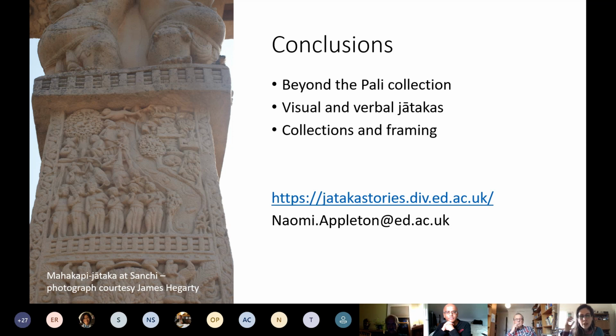And then the current project, the database, is still growing. It's very much a live project. And I mentioned this volume I'm editing, from this wonderful symposium I had almost exactly a year ago in Edinburgh. The volume is coming out with Equinox next year, assuming I manage to finish my introduction before then. It's called Visual Narratives and Narrative Visions in Indian Buddhism.